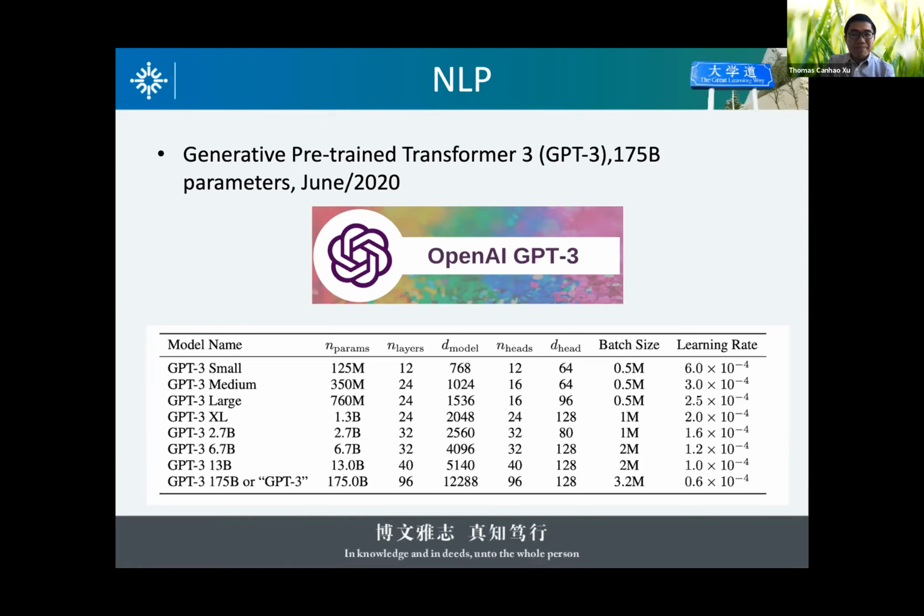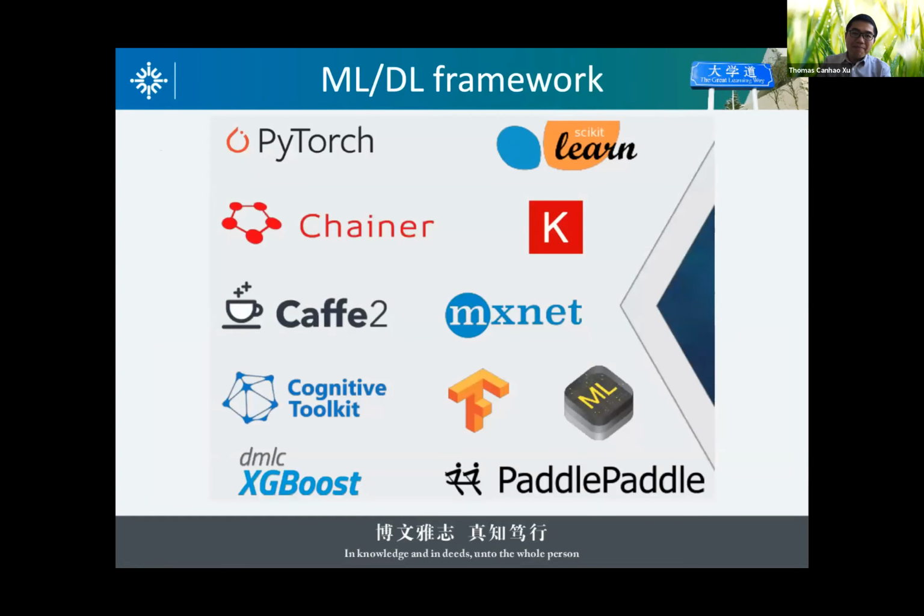These are the recent research results for machine learning and deep learning. But there are problems with this kind of research. If you want to develop something for machine learning and deep learning, of course, we have to use some kind of framework.